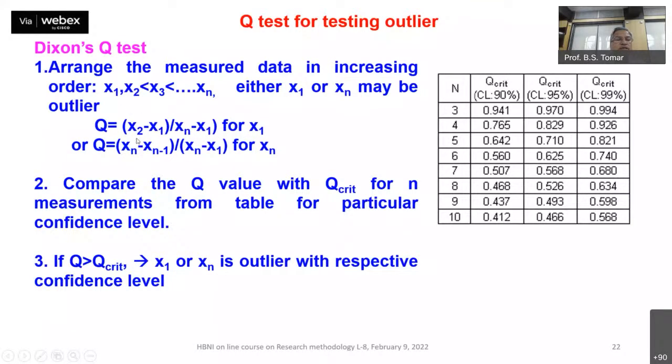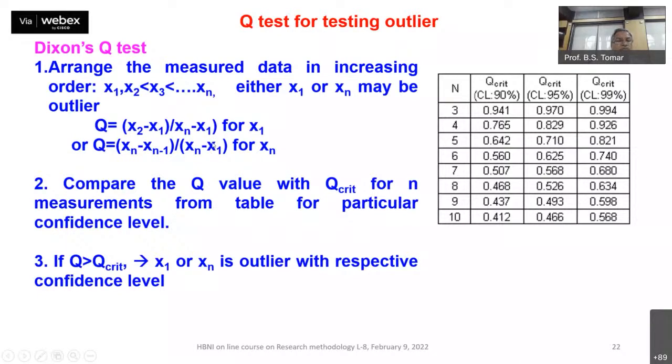Then you define Q as (x2 minus x1) upon (xn minus x1). This is the range of the values, highest and lowest, and the numerator compares the lowest with the adjacent one for x1. If you are suspecting that x1 is the outlier, take this value. And if you are suspecting xn is the outlier, you do (xn minus xn-1), the adjacent data difference, upon the range value.